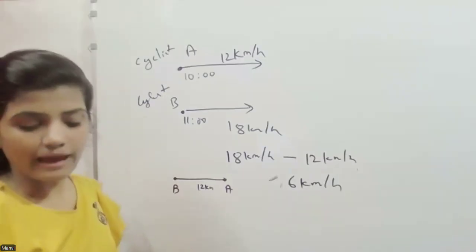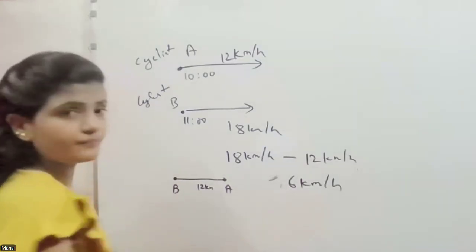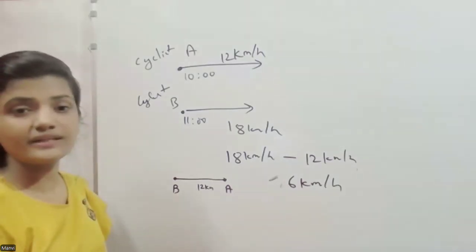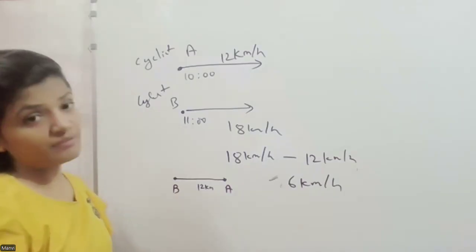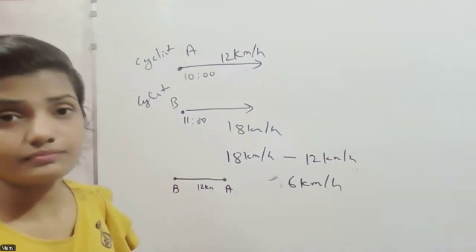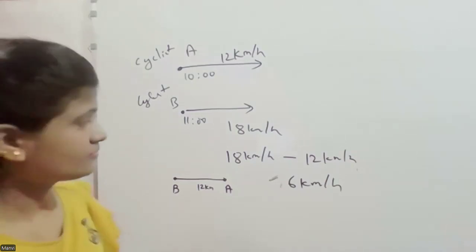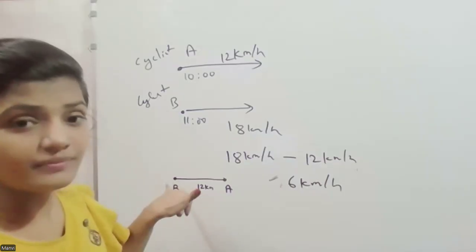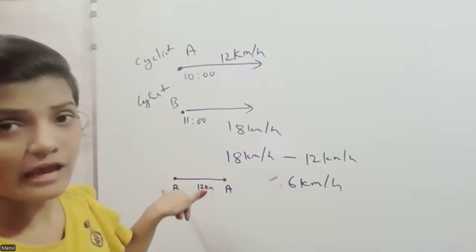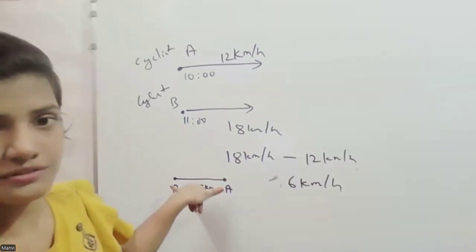So the gap is 12 kilometers and the gain speed is 6 kilometers per hour. Time equals distance over speed. The distance is 12 kilometers, this gap. We need to cover this gap first.